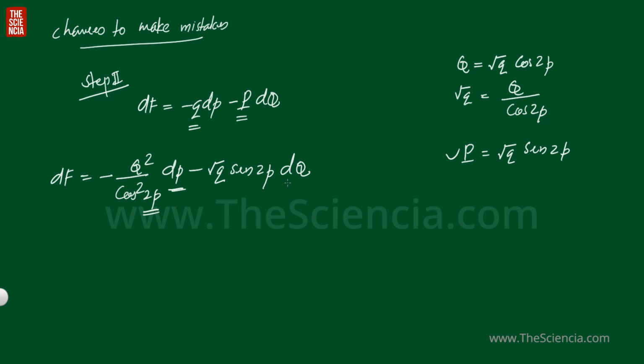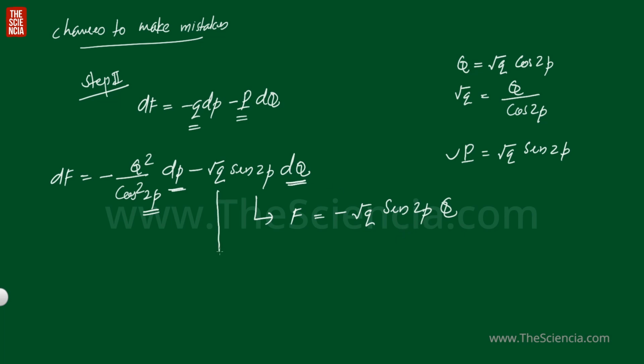But here you see this integration is over dQ, so sometimes you do f is equal to minus root q sin 2p into Q, because in this equation you can see no capital Q terms. So sometimes you do like this, but there is an error.